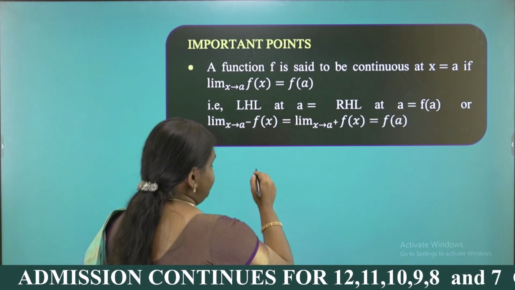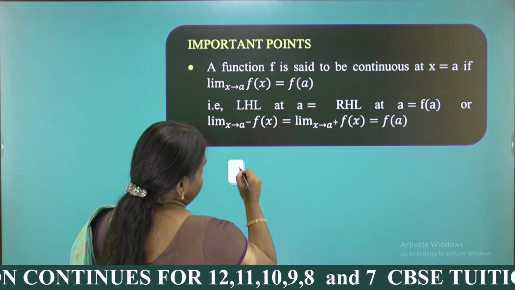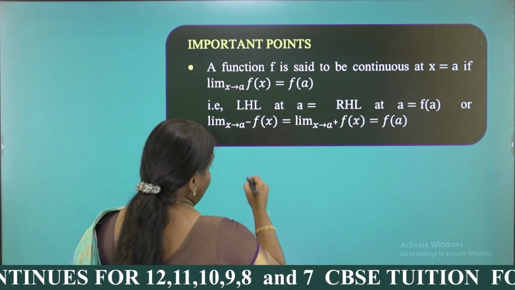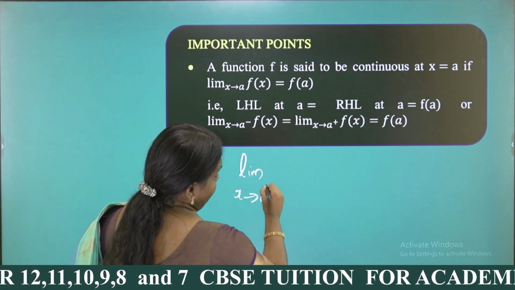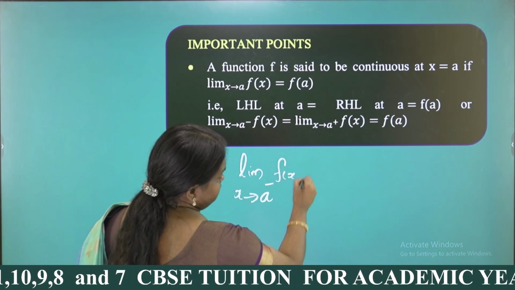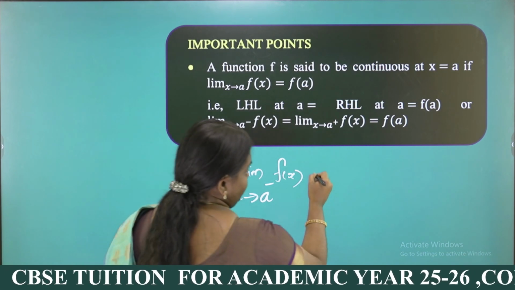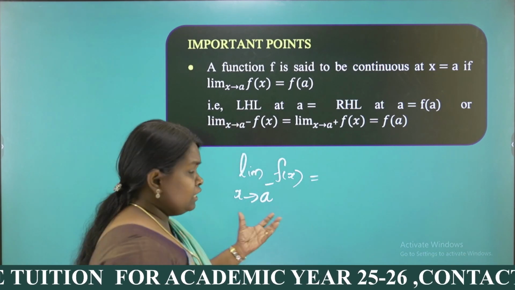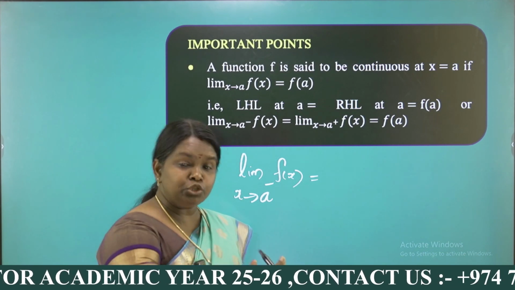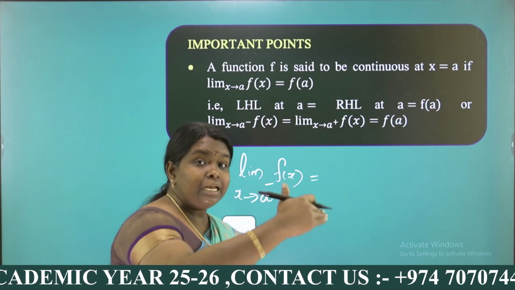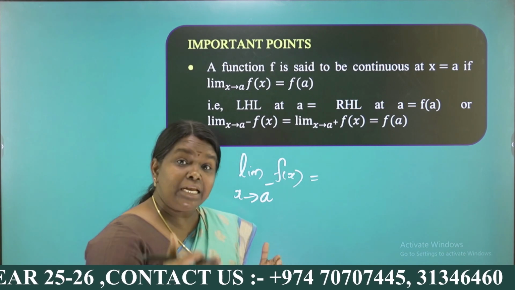As an example, what is the meaning of the statement limit x tending to a minus of f of x? X is tending to a, but in a left side manner.